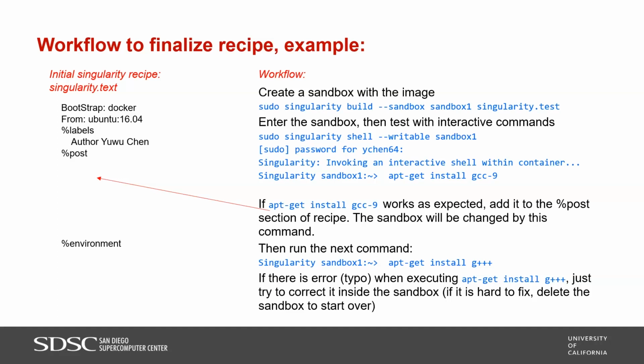So just a quick summary and review. We use singularity build to build our Singularity image, and it can be from some online repos, for example, from Docker Hub or Nvidia NGC, or from BioContainers, or you can create your own recipes, update your recipe for your software, then finalize your recipe, and then build your Singularity image.